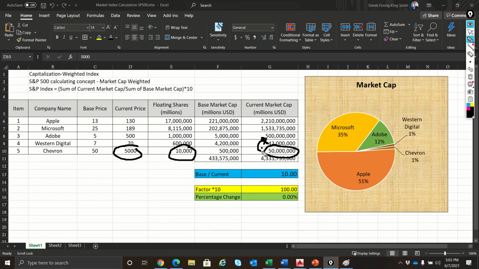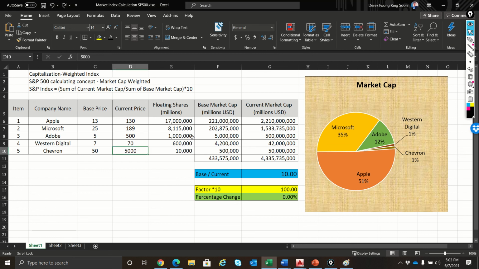If the share price doubles, a 100% change, it only changes the index by 1.15%. But if Apple or Microsoft changes about 50%, or even less, 20%, what happens? If it changes 20%, let's say this is 235, it changes 8% of the index.